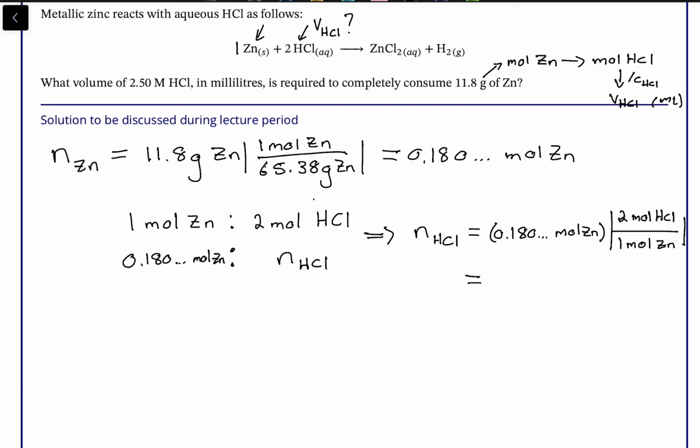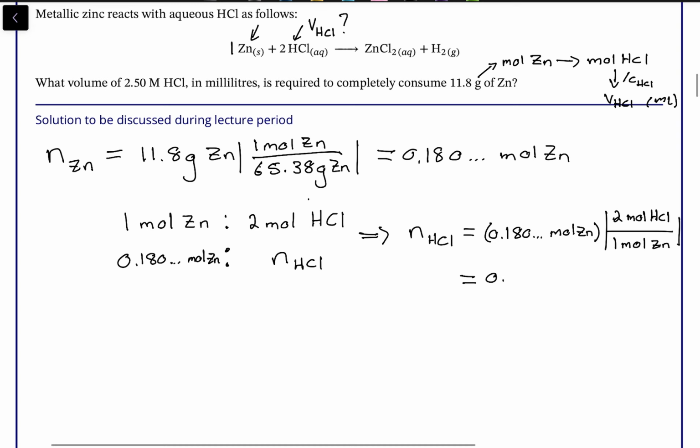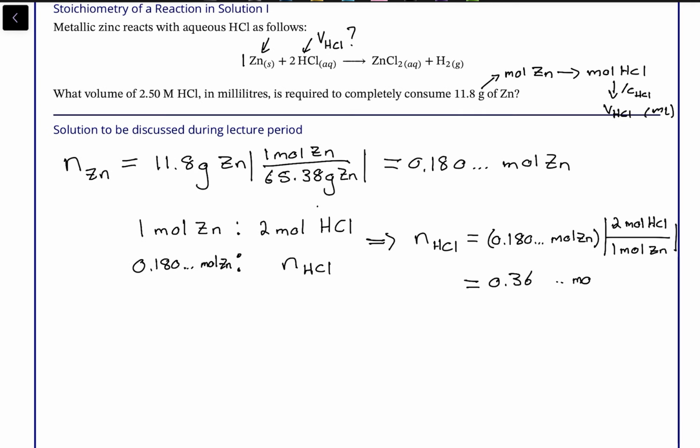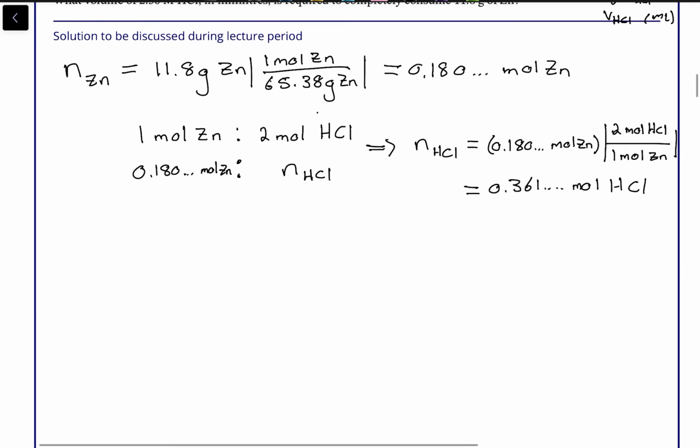So that means we require, actually it's going to be 0.361, sorry, 0.361 and some numbers mole HCl. You see just roughly about that number there.